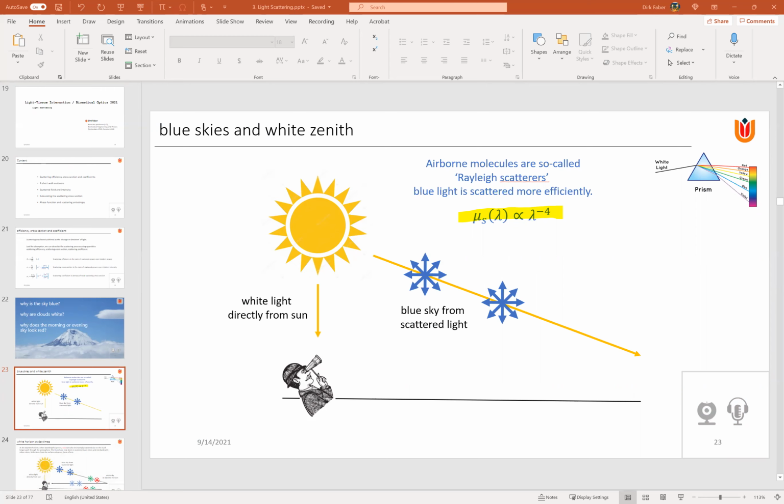Sorry, can you repeat the question? So why is the sky blue? Is it because blue light is scattered more than red light? Yeah, that's exactly true. But then the follow-up question is, by what particles? The answer is already there. The atmosphere.